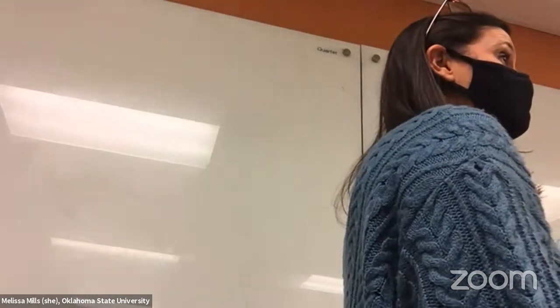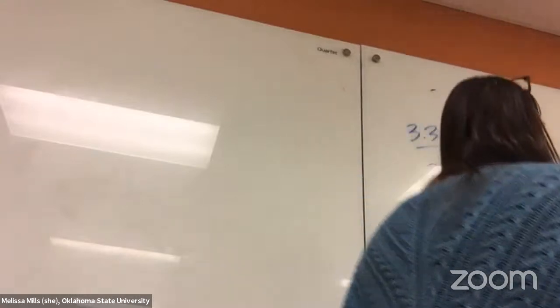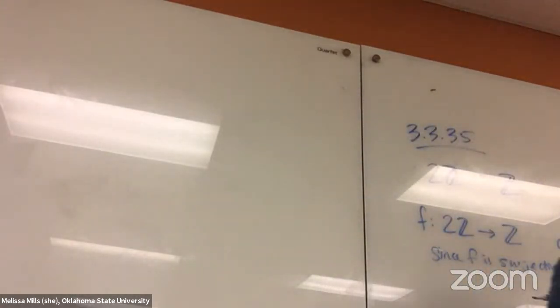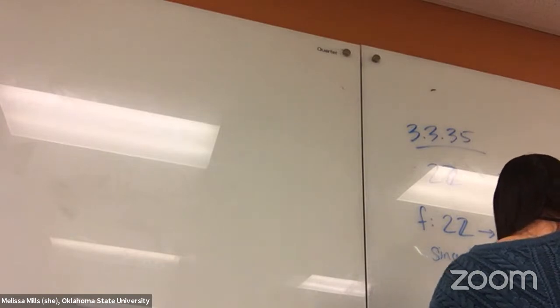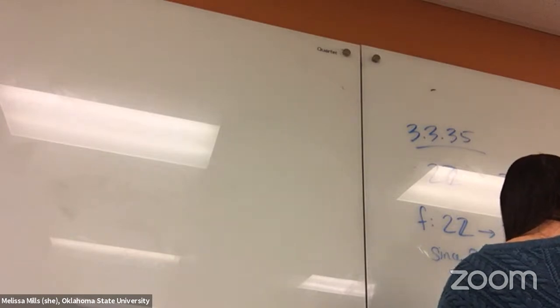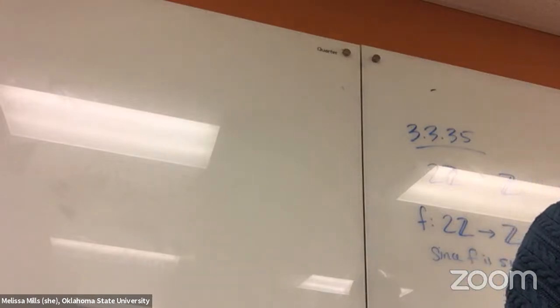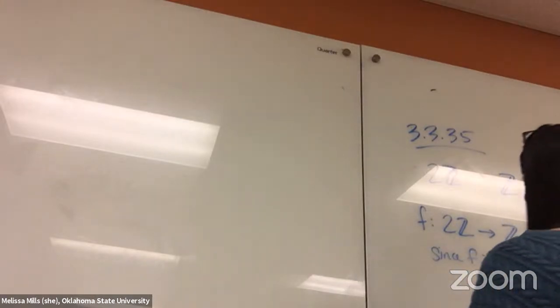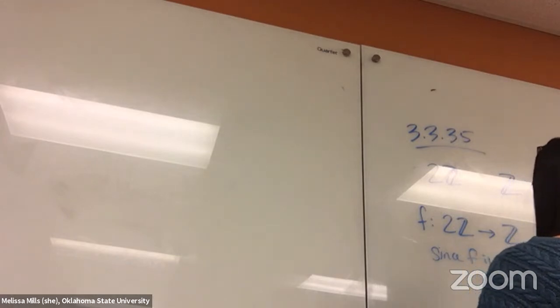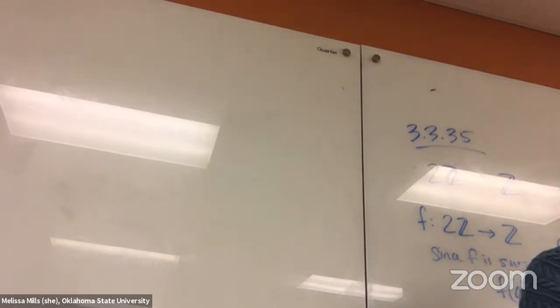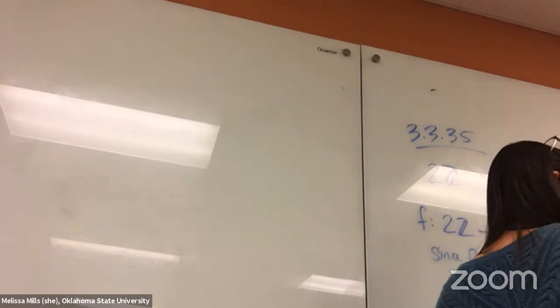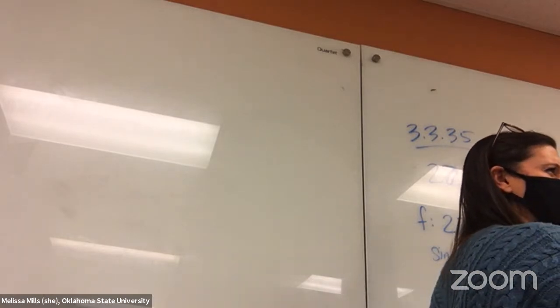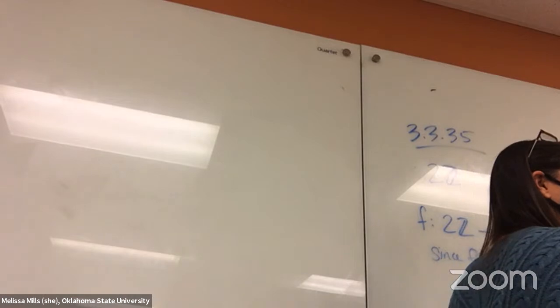Something has to map to 1. But then F of A squared is equal to F of A, which is equal to 1 times 1, which is 1. So A squared also maps to 1, so it's not onto. That was a little proof I had done.